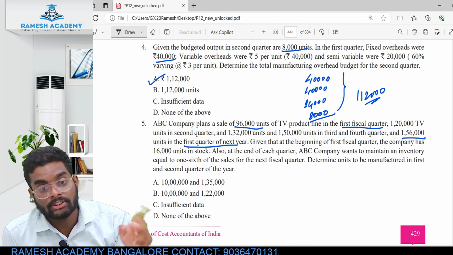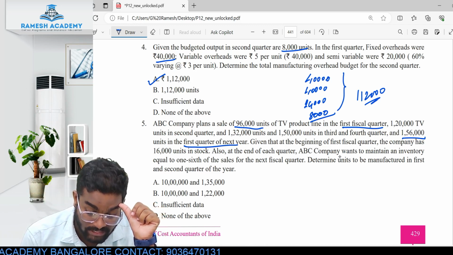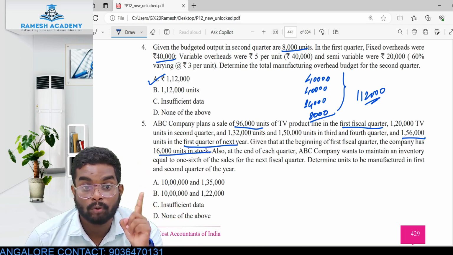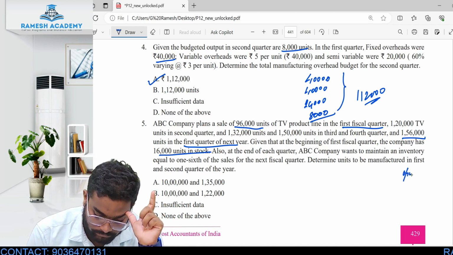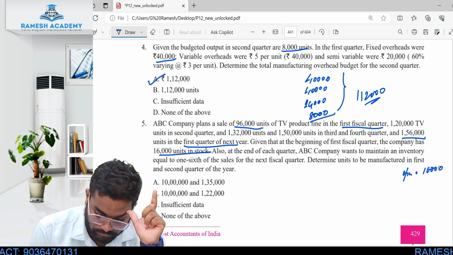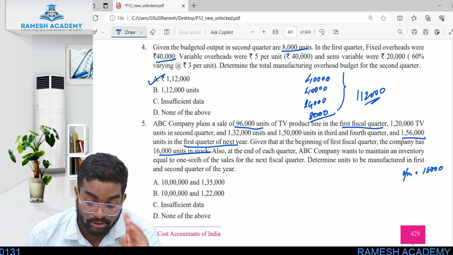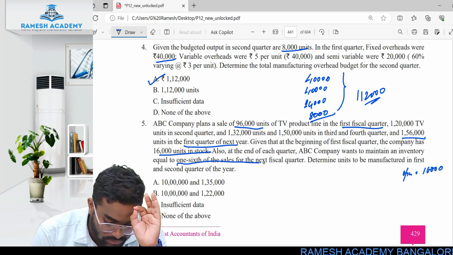So 4 quarters plus 1 quarter of the next year. Given that at the beginning of the first fiscal, the company has 16,000 in stock. This is the opening stock. Please be careful. Also at the end of the quarter, the company wants to maintain an inventory equal to 1/6 of the sales of the next quarter.